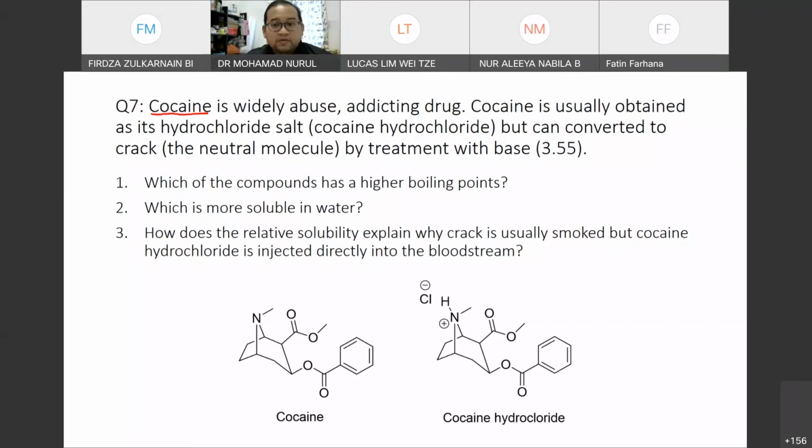First, what you have to do is compare the intermolecular force. For this one, this is the ionic. This is the covalent. Only this one is ionic.